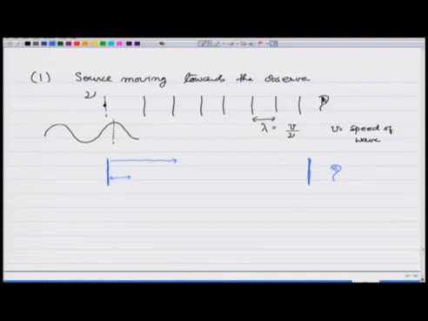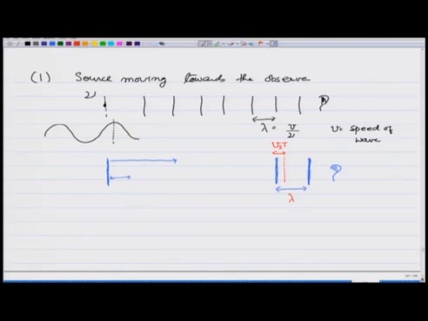By the time the next maximum is given out, in the case of stationary source, this distance was lambda. Now, this distance is going to be reduced because the source has moved, and this is going to be reduced by velocity of the source times t.